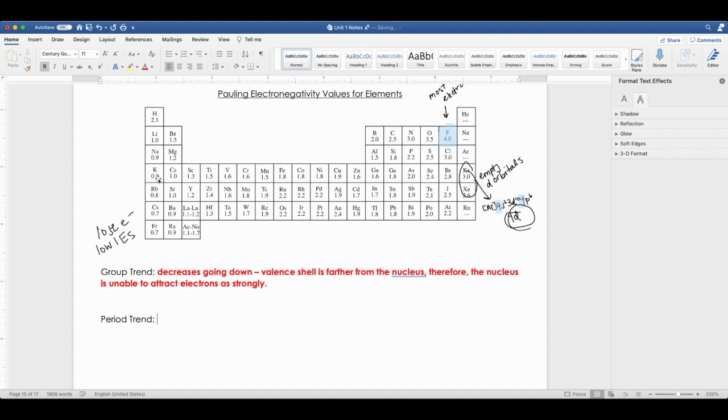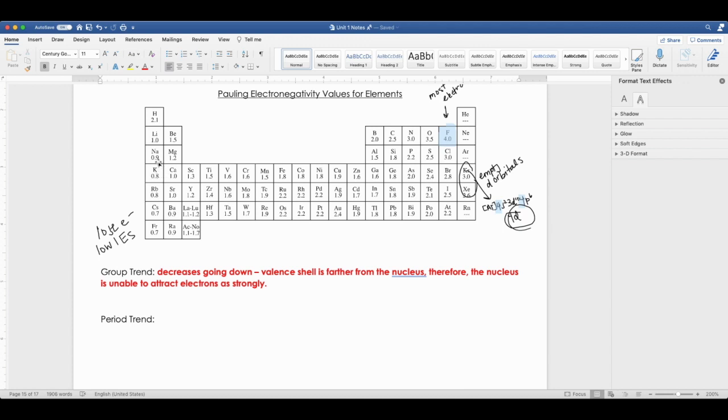Period trend, as I go across, other than your transition metals get a little funny, and that's true for all the trends. But if we consider the main group elements, your main group elements are groups 1, 2, and 13 through 18 right here. Notice how, for the most part, electronegativity does increase going across.